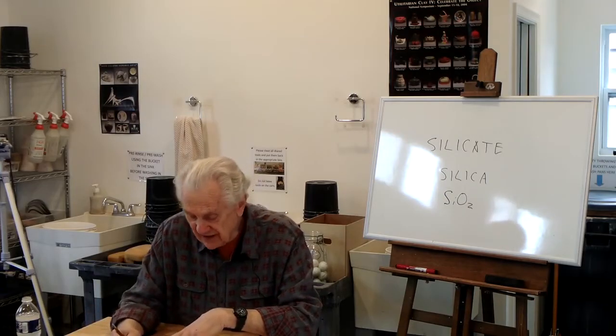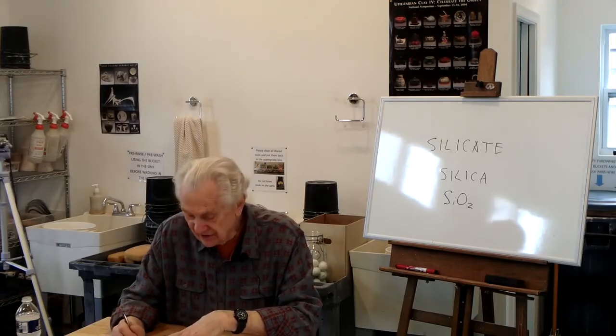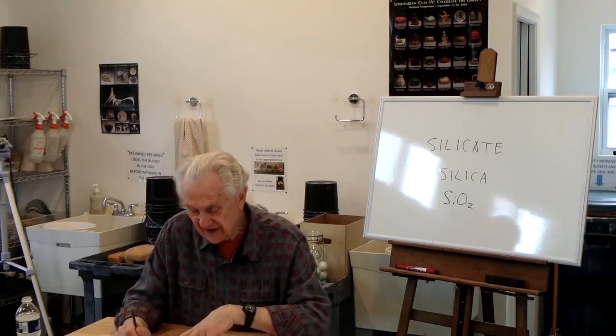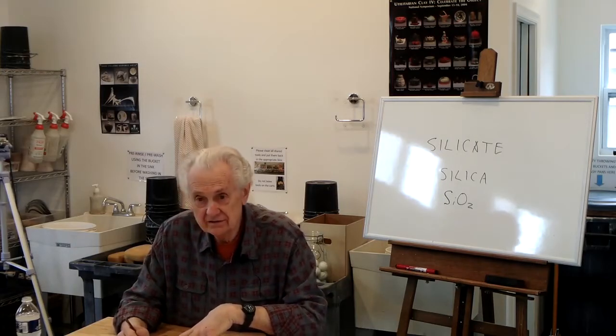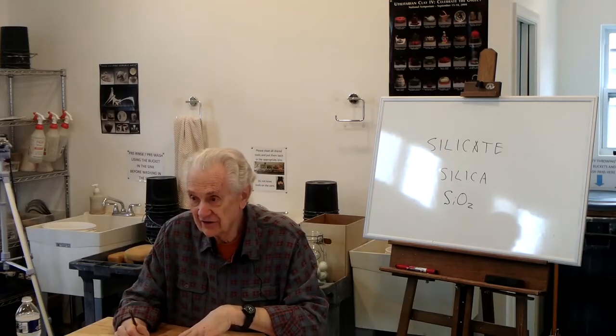So 81 divided by 297 is 0.273, which is the same as 27.3%. So now I've got those ingredients based on 100, and then I take the 3 grams from my red iron oxide and divide that by 297, and that gives me about 1%. I've rounded it off here.